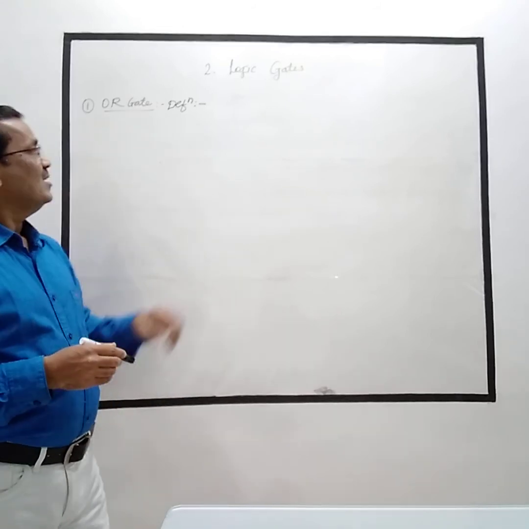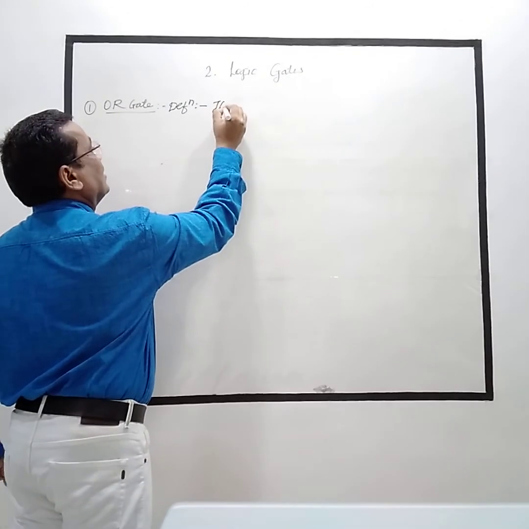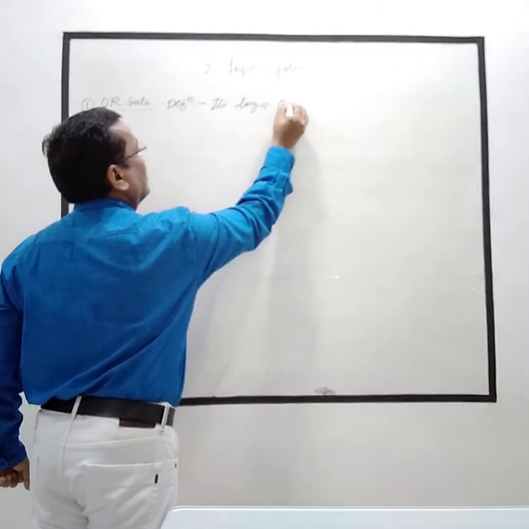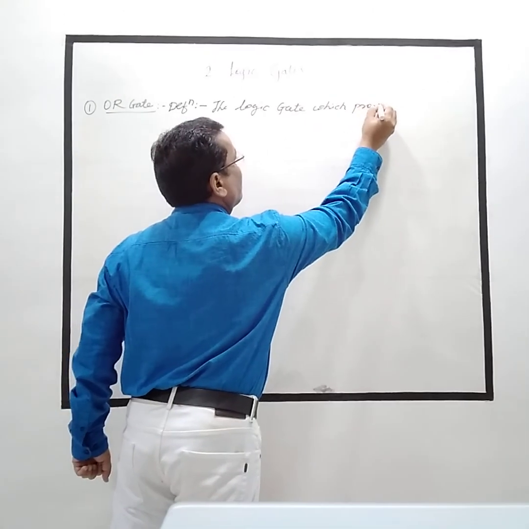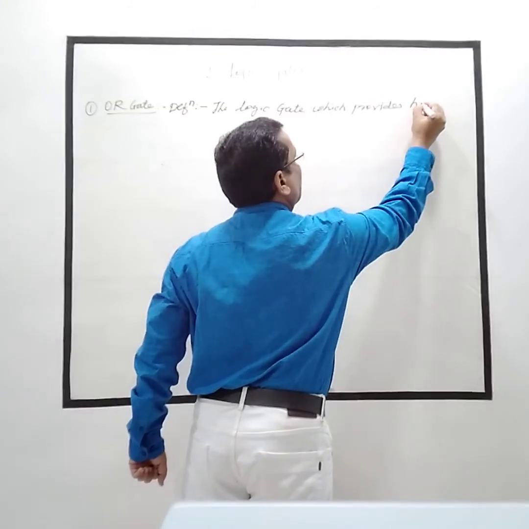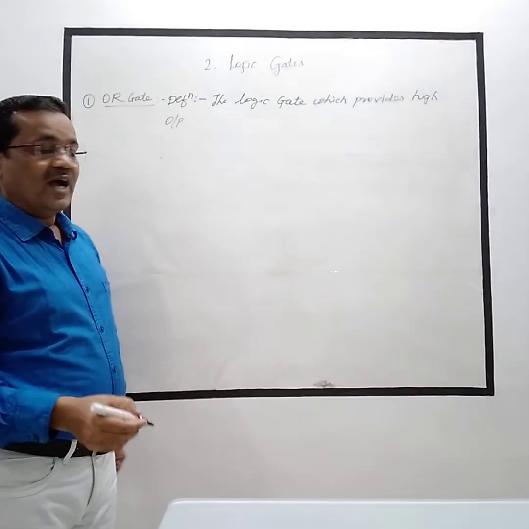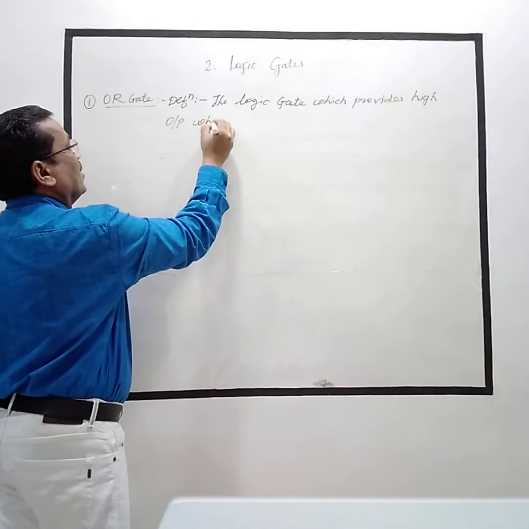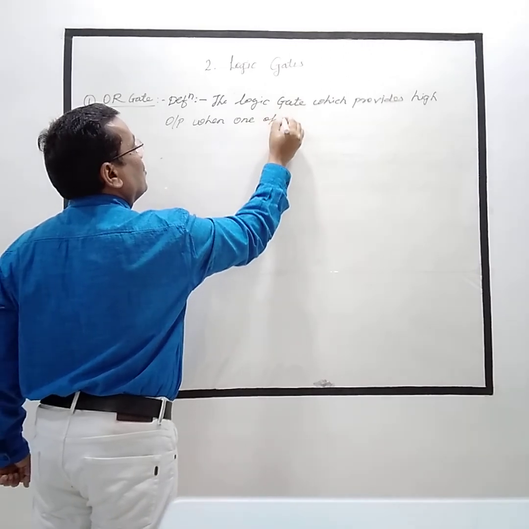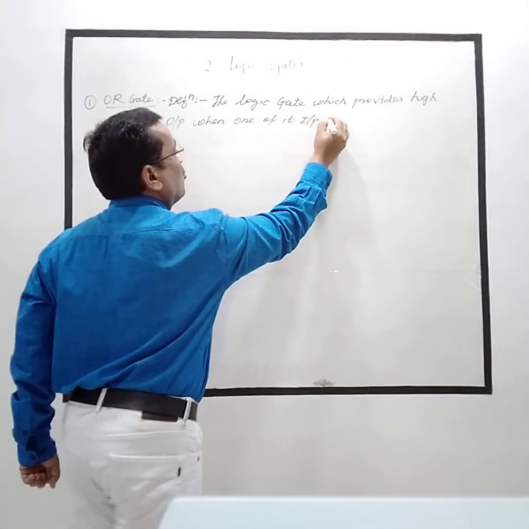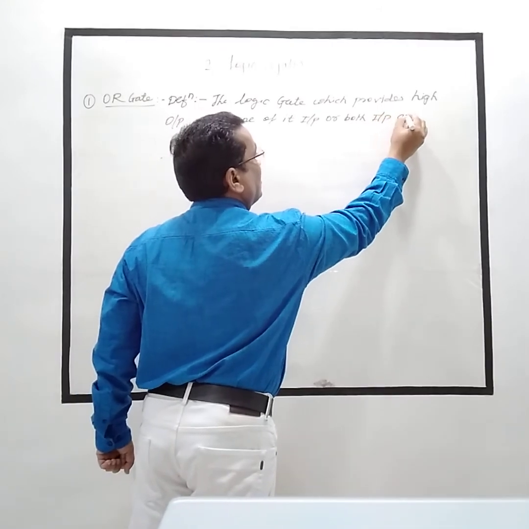But the condition is that the output of the OR gate is high when one of its inputs or both inputs are high.